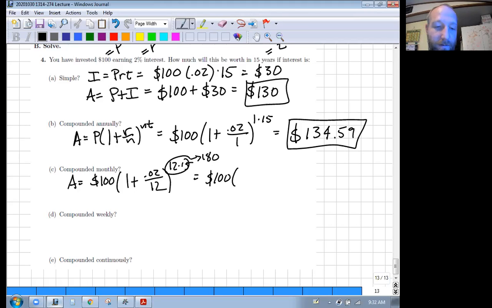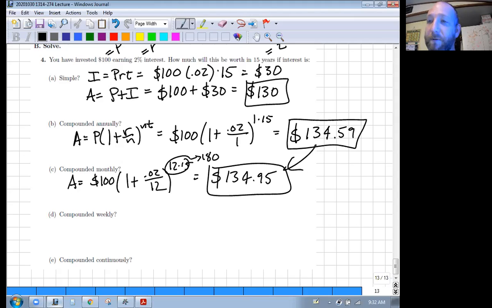So 0.02 divided by 12 plus 1 to the power of 180, times 100. This is $134.95. So we got an extra 40 cents by compounding monthly instead of annually.